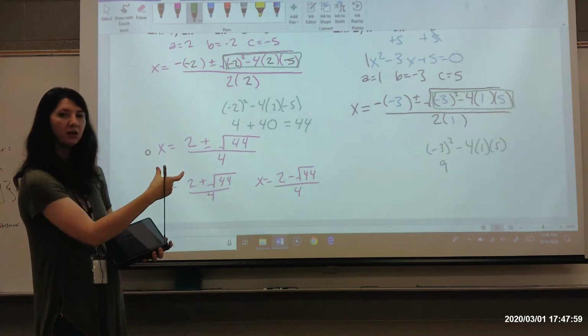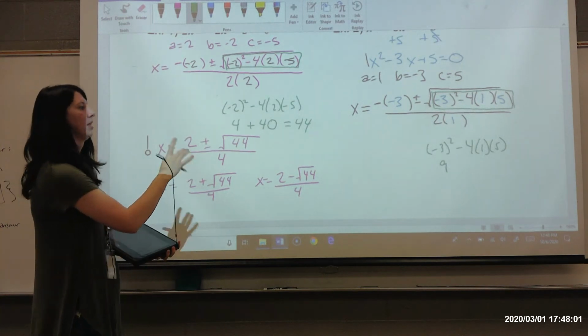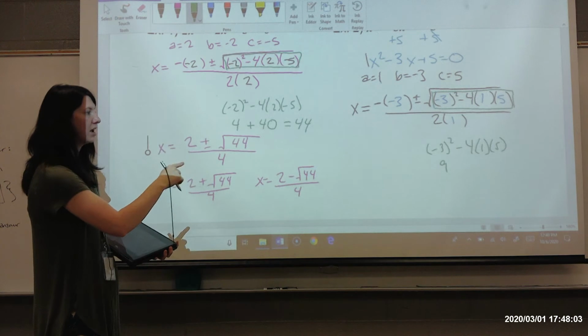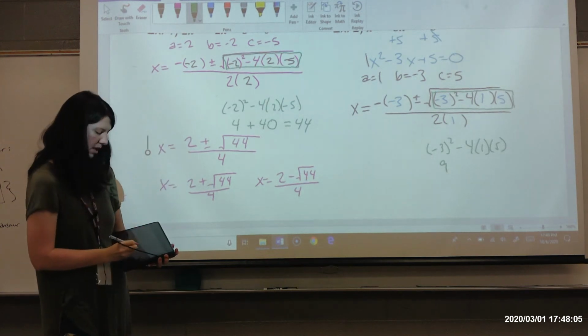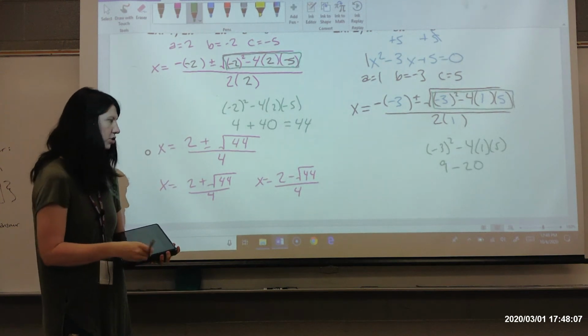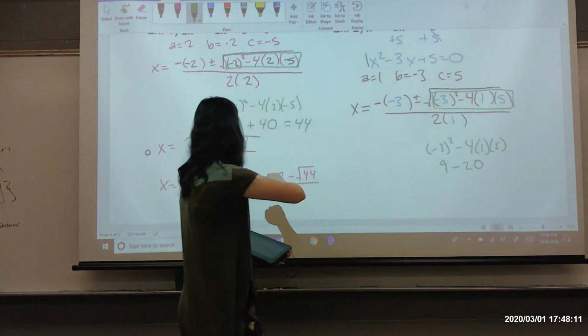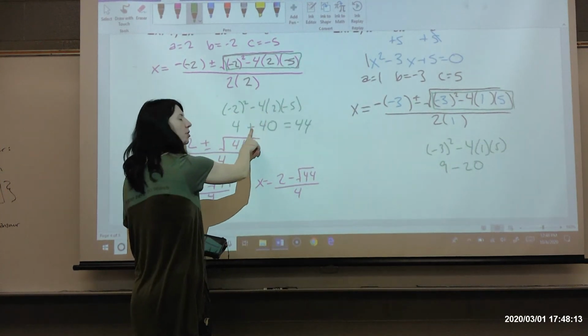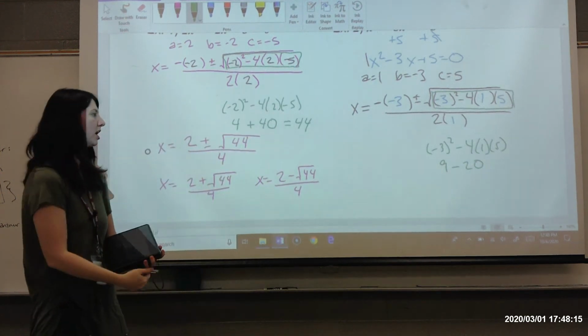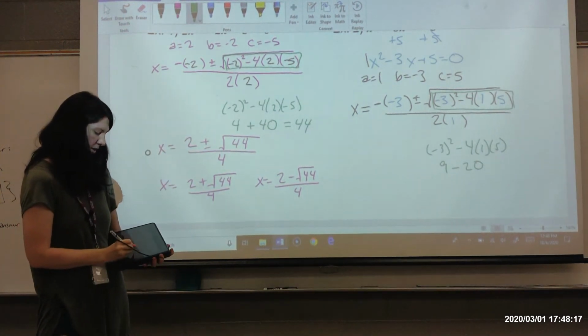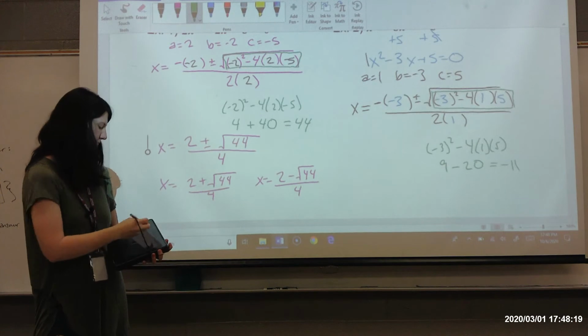If you do it that way, you'll get your sign more accurate. Negative 4 times 1 is negative 4. Negative 4 times 5 is negative 20. So because my answer turned out negative here, I put a minus, whereas over here my answer turned out positive, so I put a plus. And that's how you get that sign correct. All right, 9 minus 20 is negative 11.